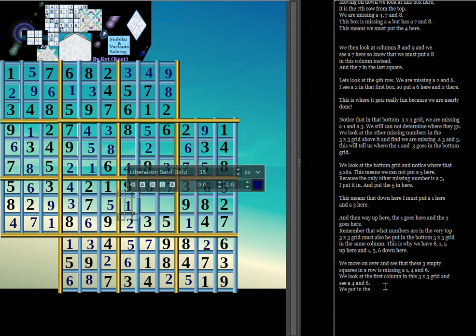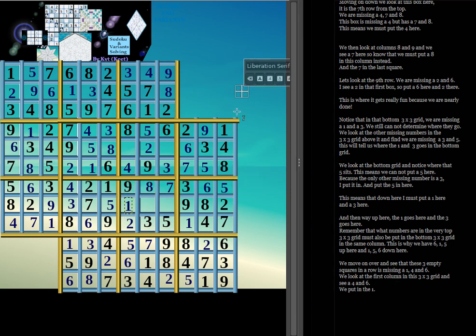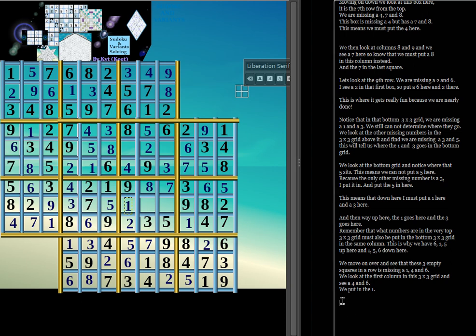We put in the 1. We look for the 4, find it, and put in the 6 here and the 4 there.